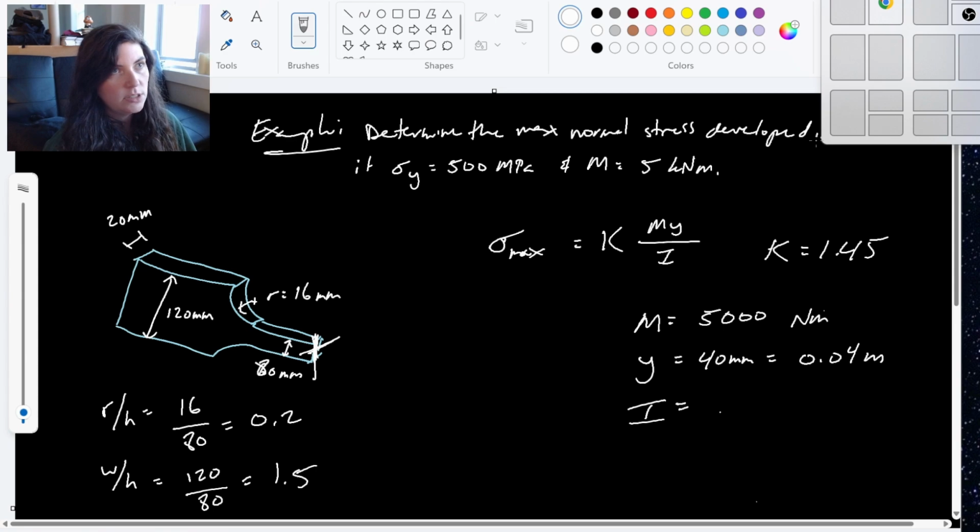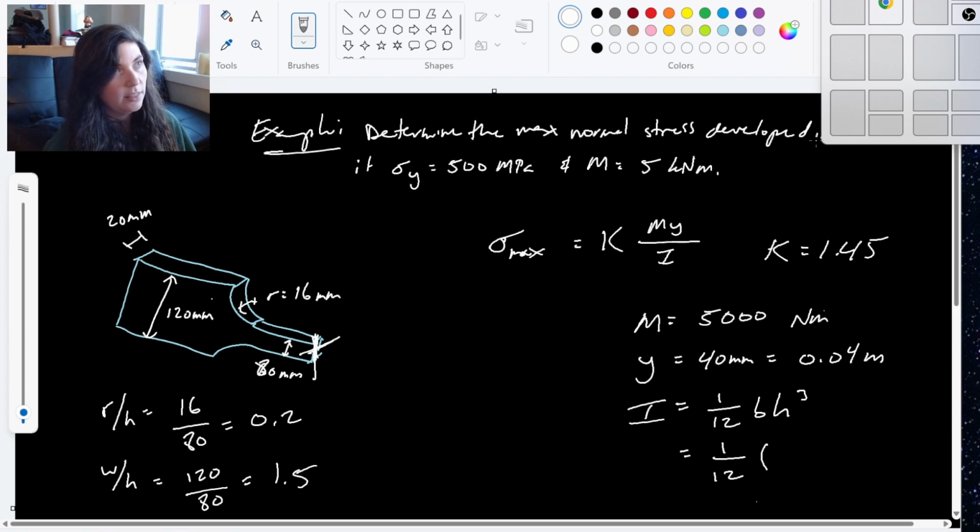And then my moment of inertia is, this is a rectangular cross-sectional shape. So I only need to do the 1/12 base times height cubed for that smaller section, right? The smaller section is the limiting section, so that's the section that I want to use. 1/12.